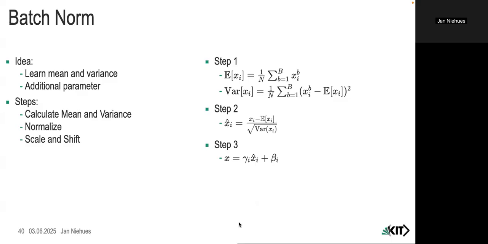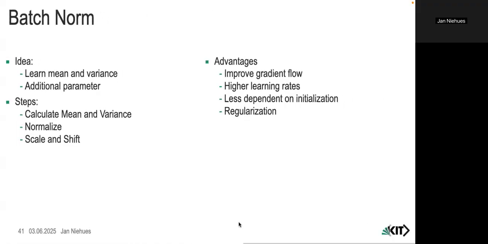So we can still have the full power of it, but it's not that this is changing very, very frequently. So the advantage is that it typically improves the gradient flow, so that we can thereby have higher learning rates because we can do larger changes. Also, it depends less on the initialization and gives us some type of regularization.